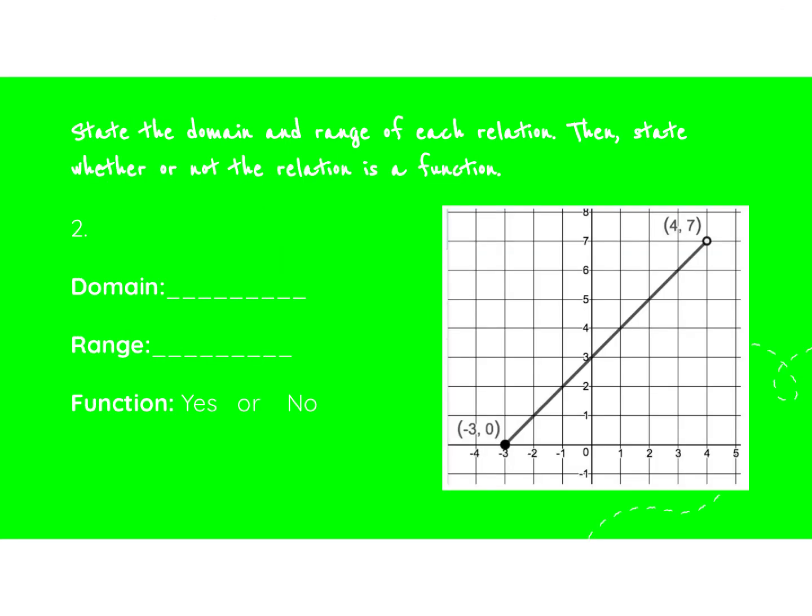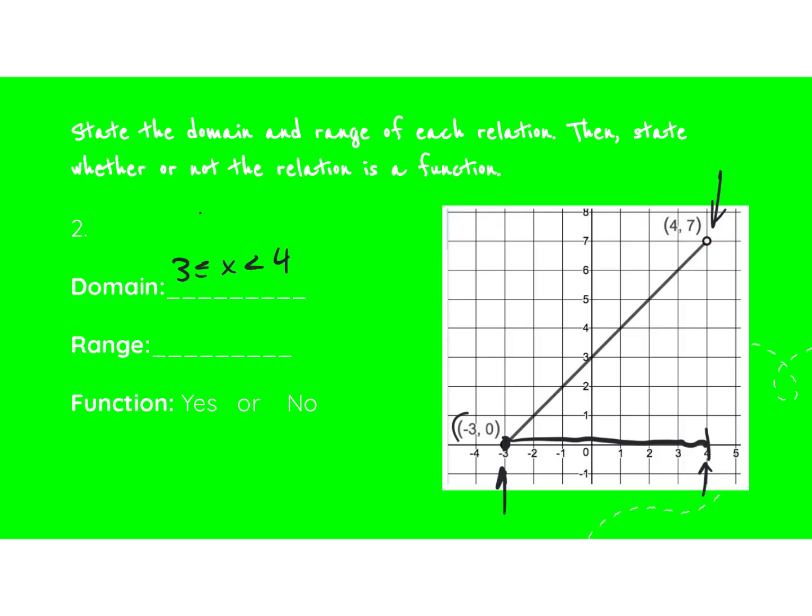For this one, domain and range: this is a closed circle, which means it includes -3. This is an open circle, which means it does not include 4. So my domain, my x, goes from -3 all the way up to 4, but does not include 4. The way I want to write this is -3 is less than or equal to x is less than 4.